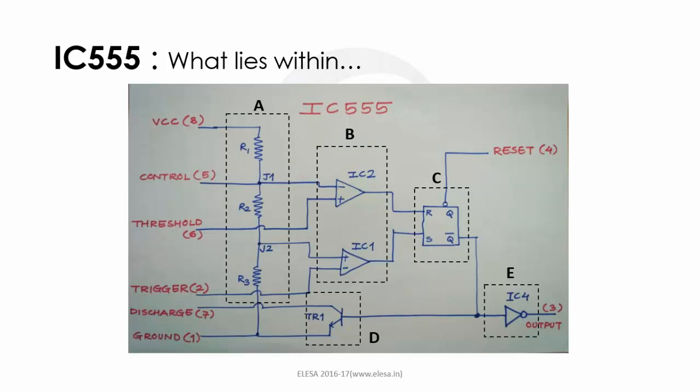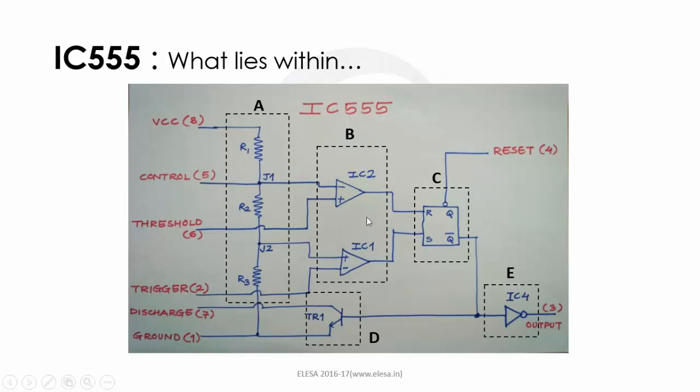So when the voltage at the negative inverting pin of IC1, that is the trigger input, goes below 1/3 VCC, the output of the IC1 comparator becomes high, and that sets the RS flip-flop, and in turn it sets the output of the IC555. So when it sets, the inverting output, Q bar, becomes low, which in turn turns off the transistor. So when we turn on the power supply, the external capacitor starts charging.